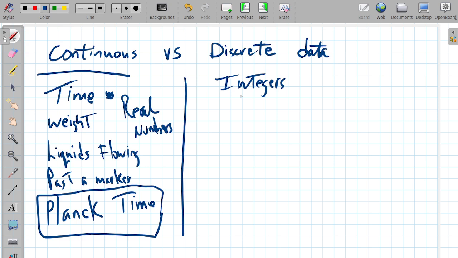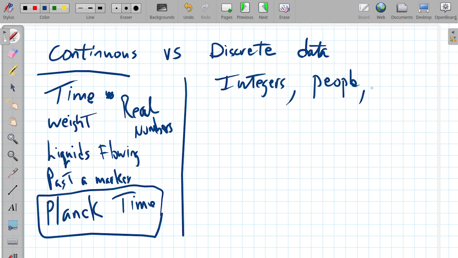So when you count people, when you count individuals, you have discrete data. People are discrete. Well, at least they are as data points go. Any object that you can hold in your hand would be a discrete object.